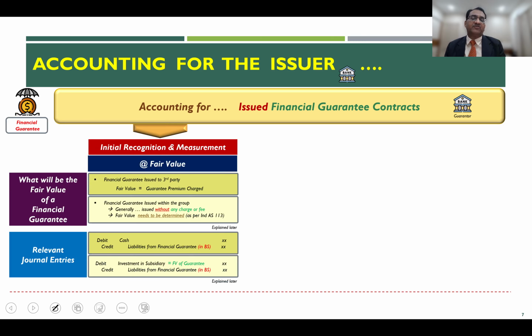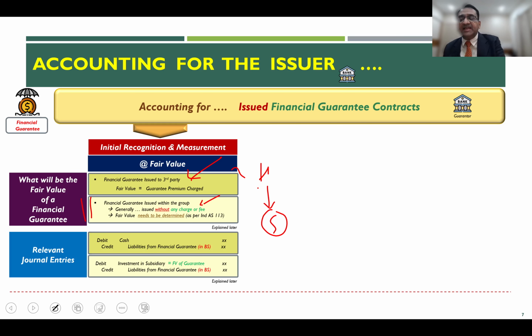It may be possible in those cases that the guarantor, the holding company in my example, if it is issuing a guarantee on behalf of the subsidiary company, may not charge anything to the subsidiary company, and therefore this piece would be missing, the guarantee premium charge. That would not be available. So what happens if the financial guarantee is issued within the same group entities? Generally, they are issued without any fee or charge.